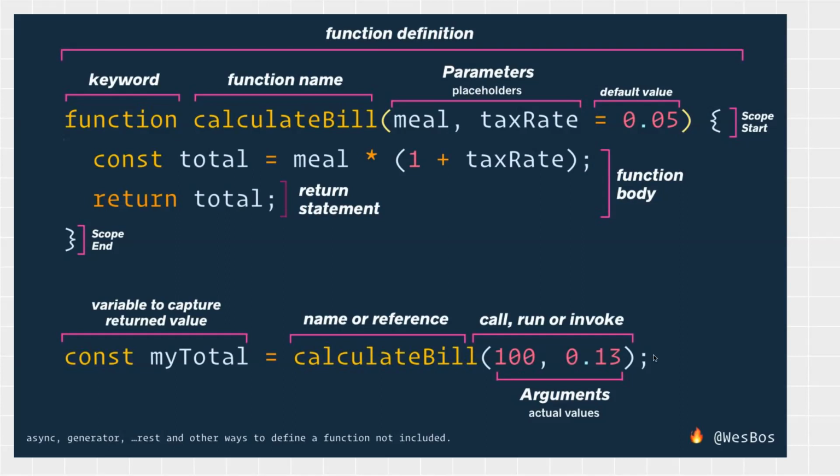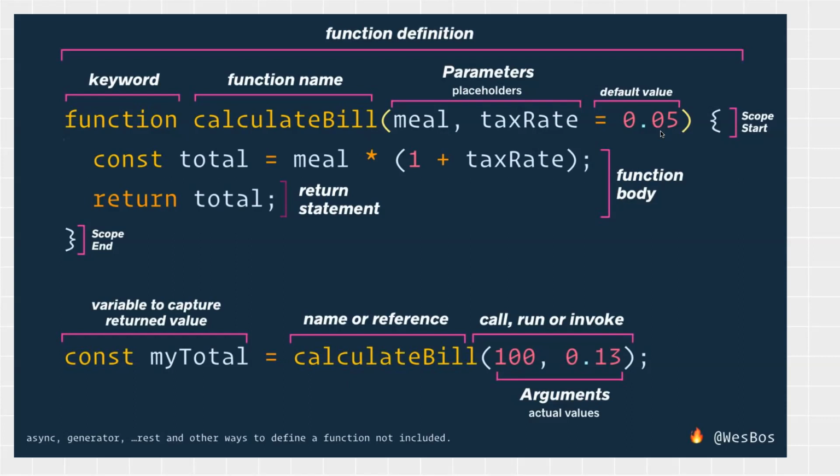And as you can see here, the value we pass can be anything, but you can also decide, for example, for this parameter, the tax rate: if the user didn't provide this value to me, then I will assume it's 0.05.